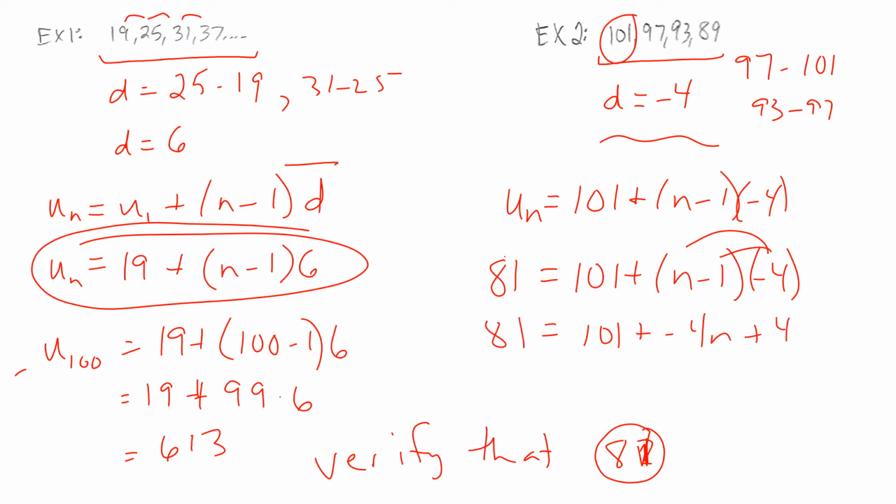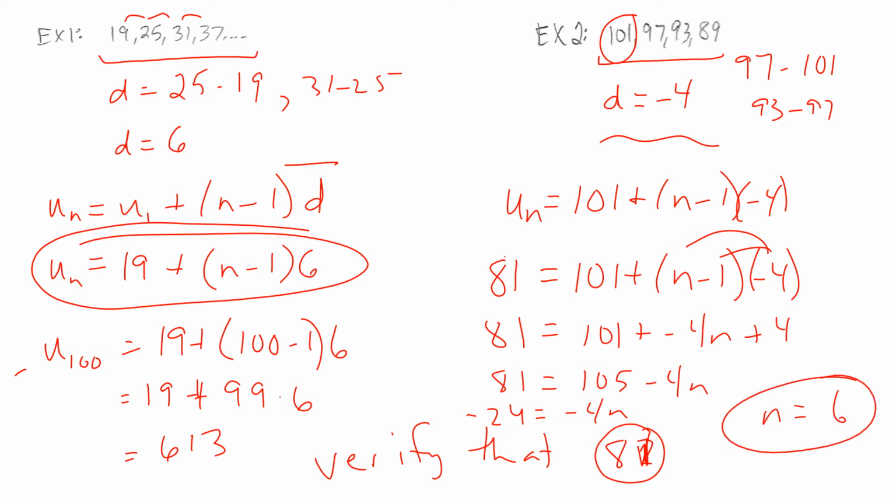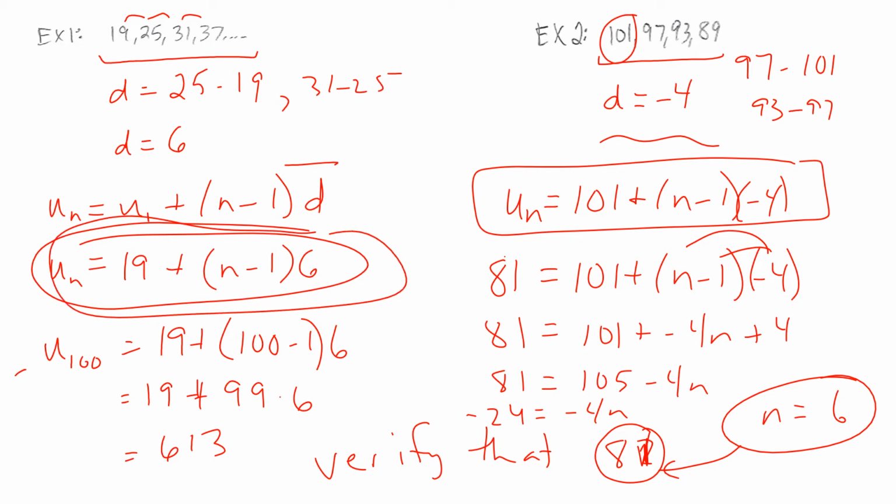If we can solve here and get a number that is divisible by -4, that's -24 equals -4n, n would be 6. So that means 81 is the 6th term. That's how you can verify that. So it always goes back to any question you're doing, do you have the nth term formula? And if so, write it, see what you can plug in, because there's variables in there that you can find.